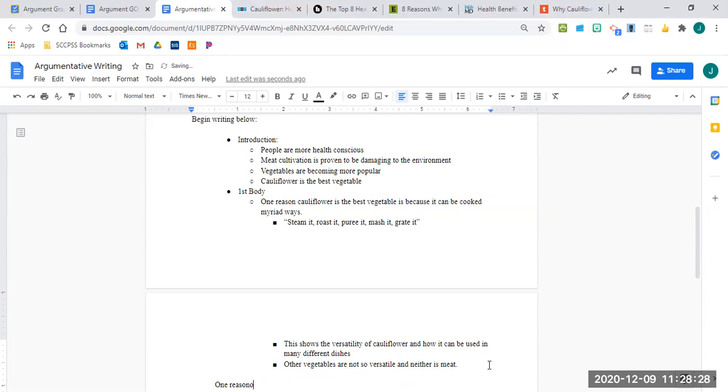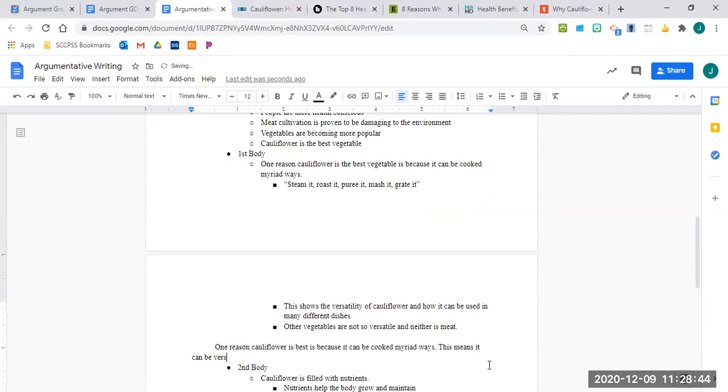One reason cauliflower is best is because it can be cooked myriad ways. This means it can be versatile to be incorporated into different dishes and types of cuisines.